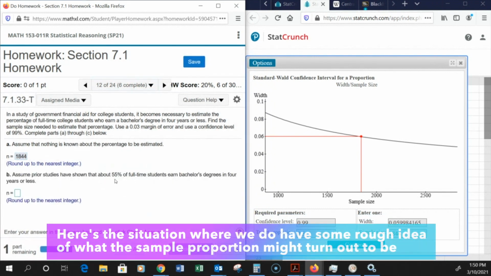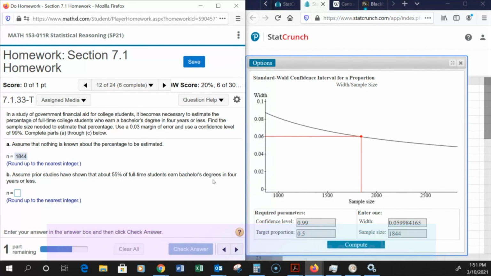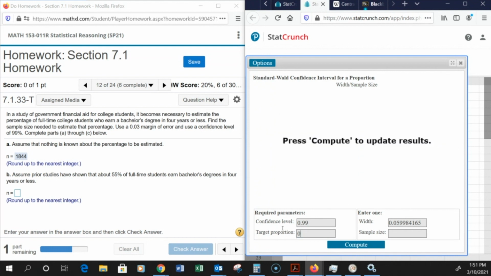We'll spend one more minute. Assume that we've done this before, last year, prior studies, 3 years ago. We find that about 55% of full-time students earn bachelor's degrees in 4 years or less. And I'll mention again, remember these numbers are made up. Has nothing to do with you, has nothing to do with reality. But if we happen to know that 55% is the value we found before, then our target proportion is that 55%, 0.55.